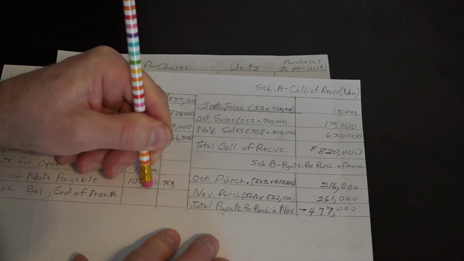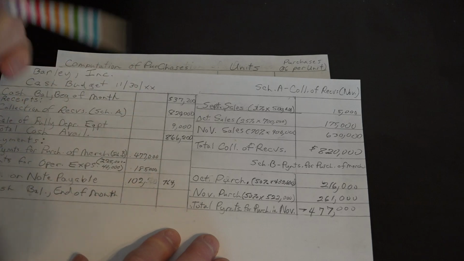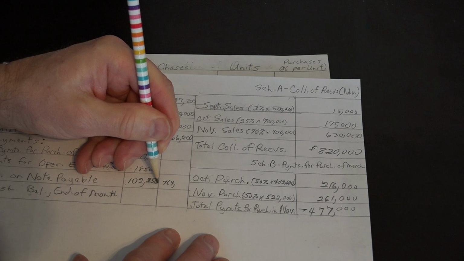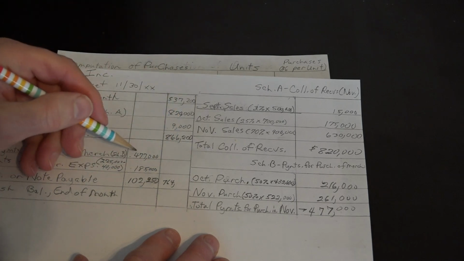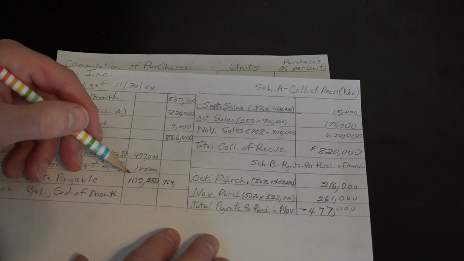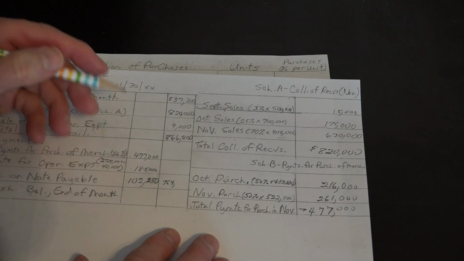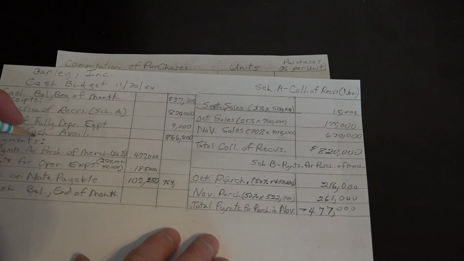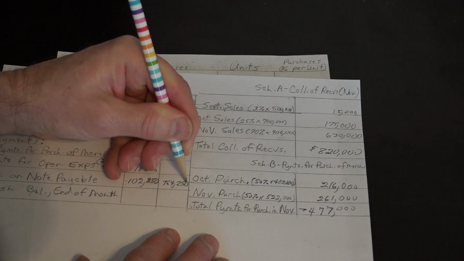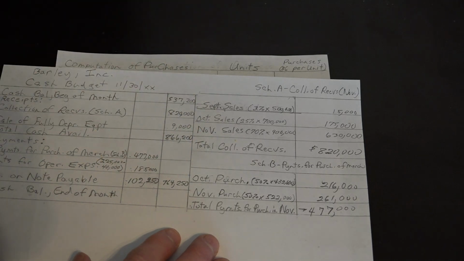My bad. All right, so 477,000, 185,000 and 102,250. The sum of that is 764,250.